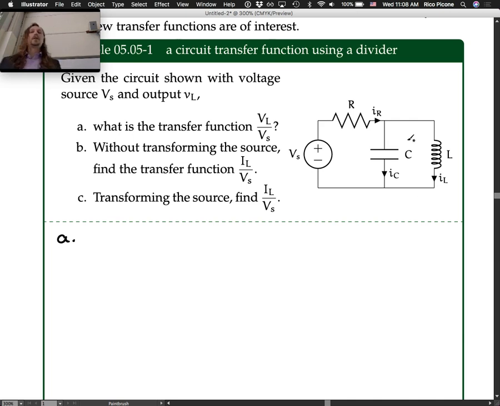But are we going to lose our output variable when we combine these two elements? Yes or no? What do you guys think? No. That's correct. No.